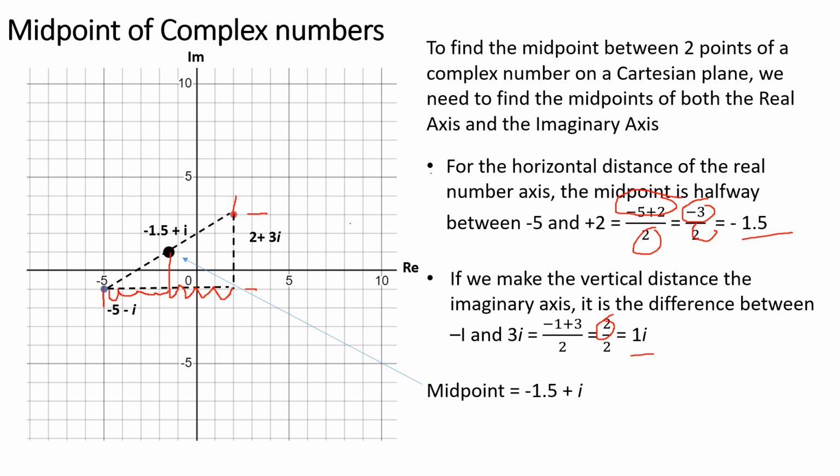So my halfway mark at this point is right here. Here's 1I, and that's a distance of 2 jumps from there and 2 jumps to there. So there is my imaginary coordinate. So the midpoint for -5 minus I and 2 plus 3I is going to be -1.5 plus I.